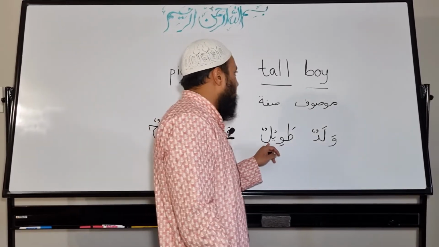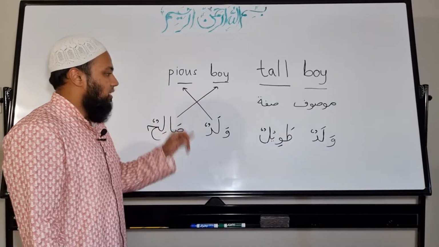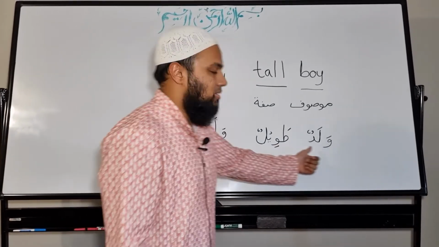Waladun tawilun, tall boy. Waladun salihun, pious boy. So the mausuf is written first and the sifa follows the mausuf.